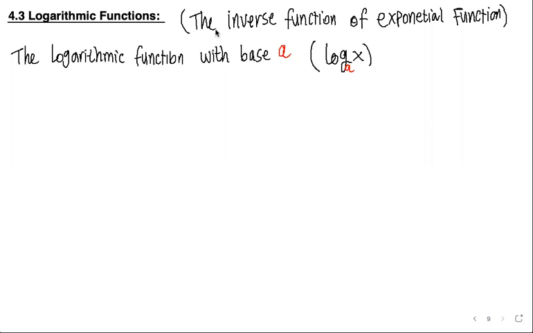So I have to know, log x to the base a, if it's equal to y, this is equivalent to a to the y equal x.